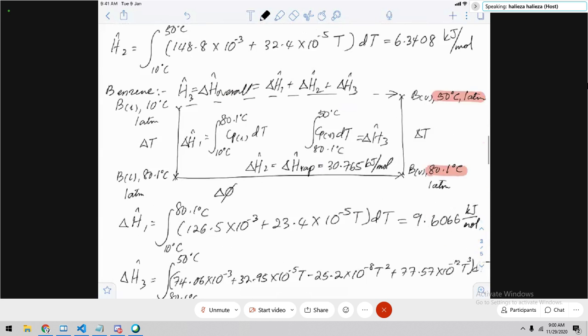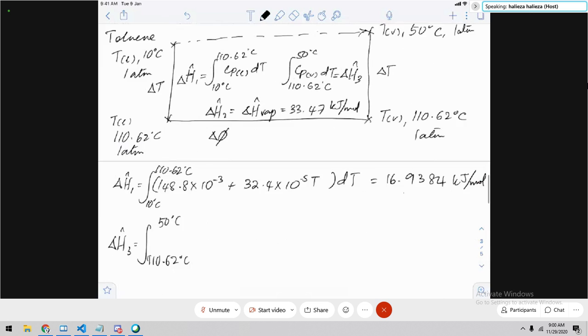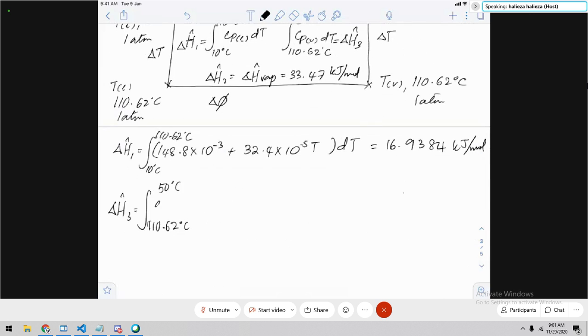So I'm going to just write down that equation inside this integration. 74.18 times 10 to the power minus 3. I'm going to squeeze everything so that it will fit in one row. Minus 5 T minus 27.86 times 10 to the minus 8 T to the power of 2 plus 80.33 times 10 to the power minus 12 T to the power of 3 dT.